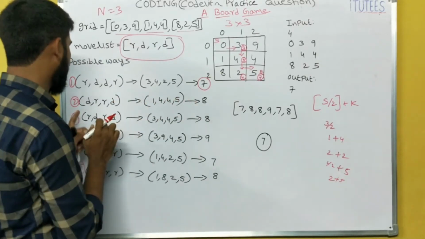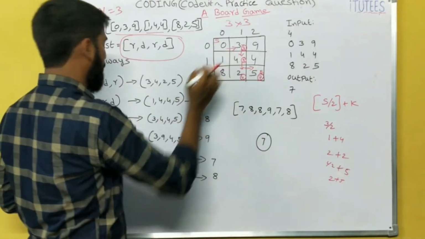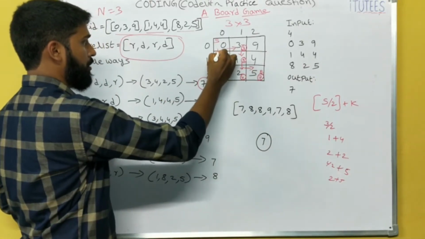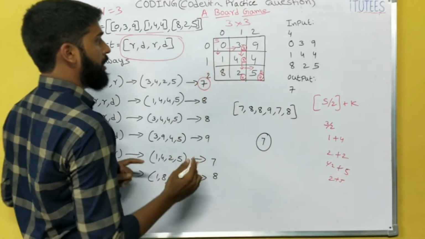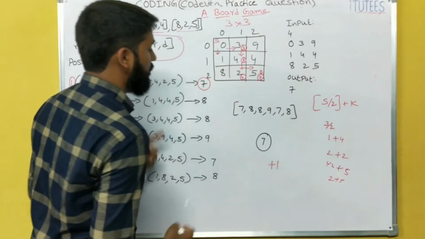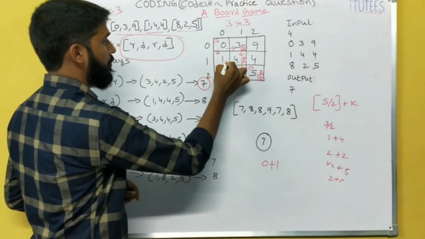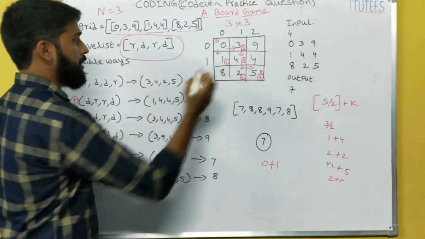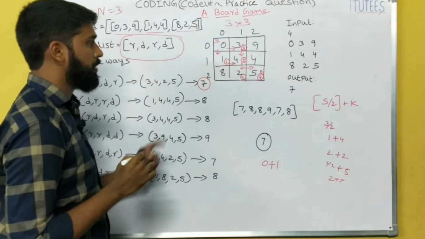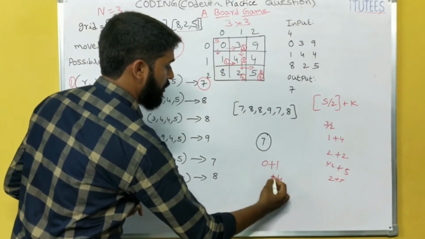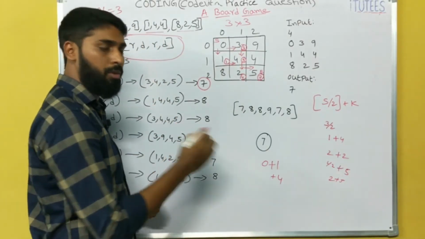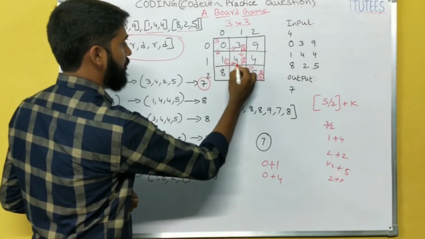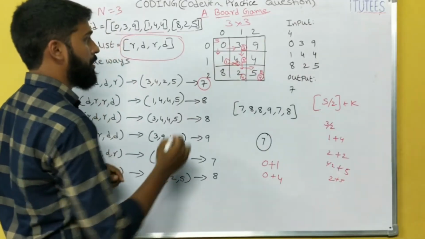We can see this: D, R, R, D. That means down. What is the value here? K value is 1. 0 by 2 means 0. So 1 here. Next, right. What is the K value? 4, plus the previous value, 1 by 2 means 0. That means 4 here. Next combination, right.